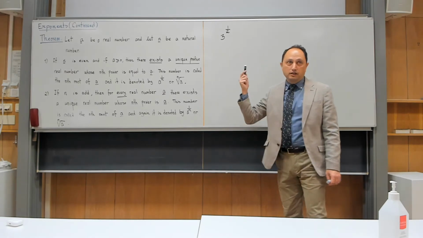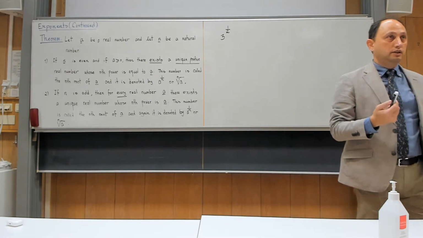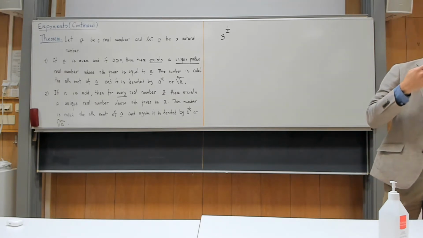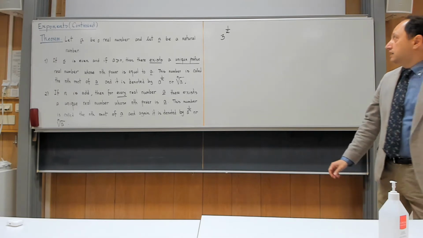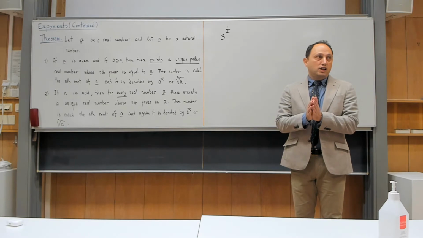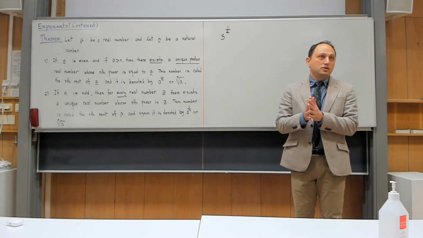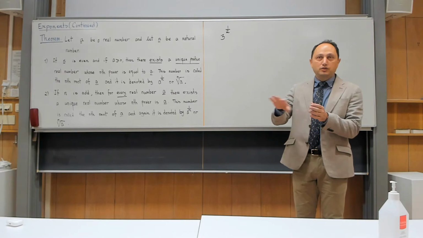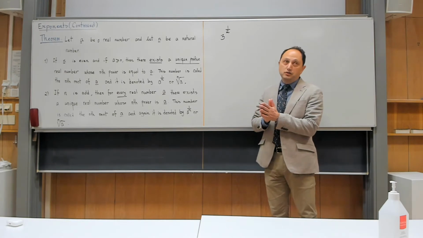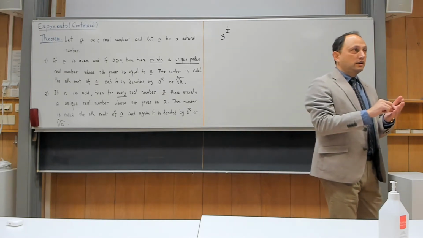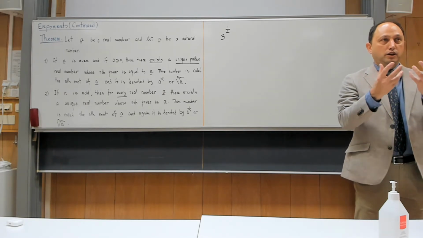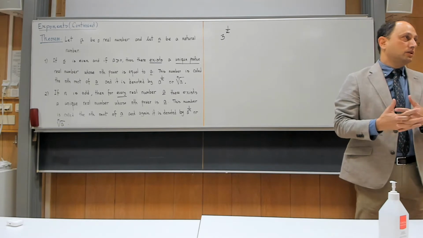This is referring to a unique positive real number so that when I raise it to power 2, it becomes exactly 3. This is not trivial. In principle, I have to show you such a number exists in the first place and that it is unique. I'm ignoring those arguments, and I want to tell you the meaning of this symbol whenever you see it. It is referring to the unique positive real number so that if you take that number and multiply it by itself, it becomes 3. That's the meaning of this symbol.